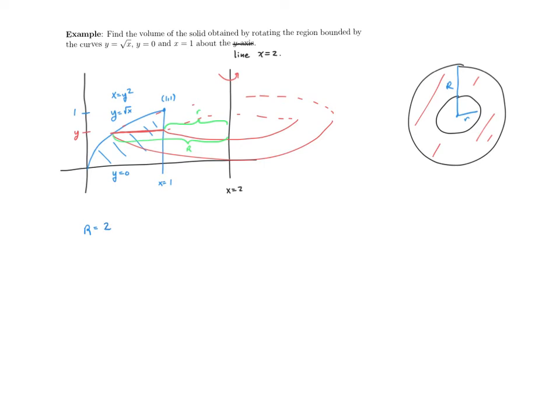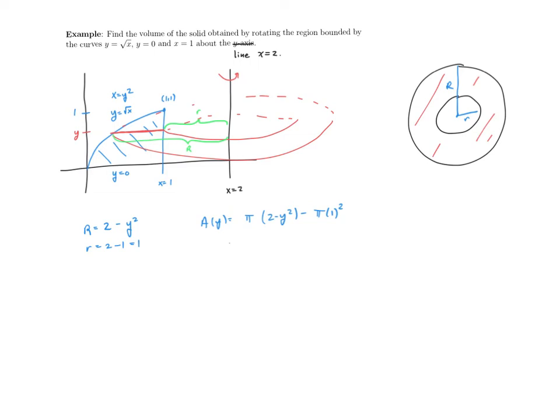So x equals 2 minus x equals y squared gives us a positive number representing big R. Little r, similarly, would be 2 minus 1. So A of y is going to be pi times big R squared minus pi times little r squared.